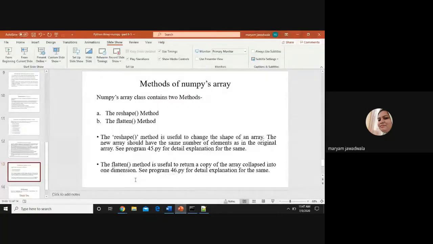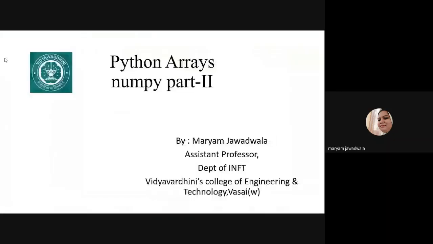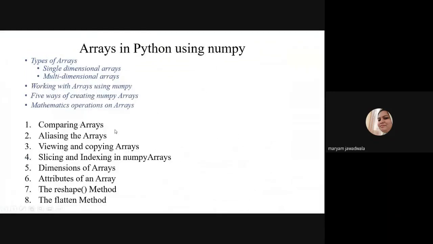So this is all about today's video lecture. Using this video lecture, we understood how to compare two arrays. What do you mean by aliasing, viewing, and copying of the array with examples? Then we understood what slicing and indexing mean, and we wrote a program using slicing and indexing.